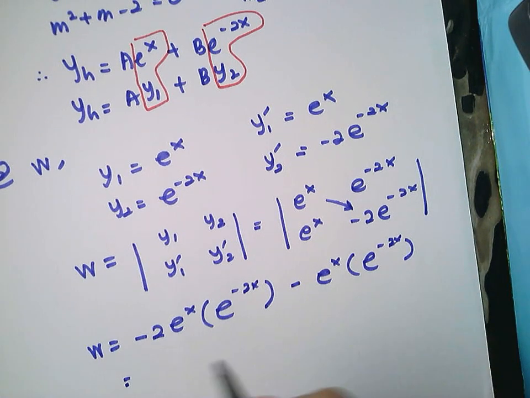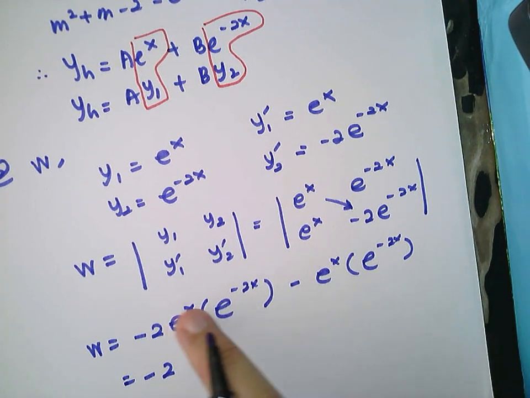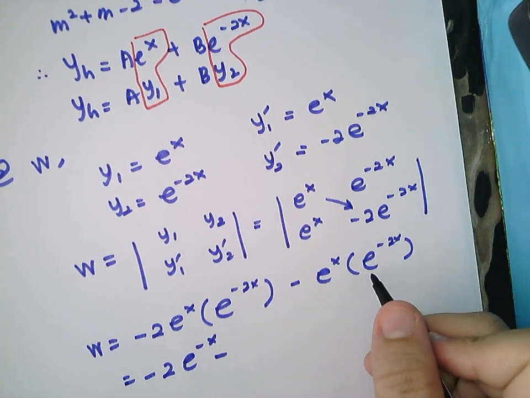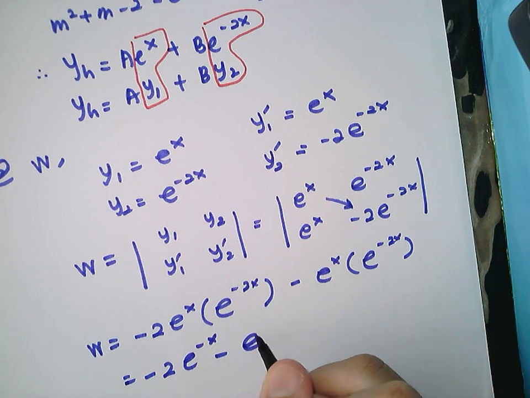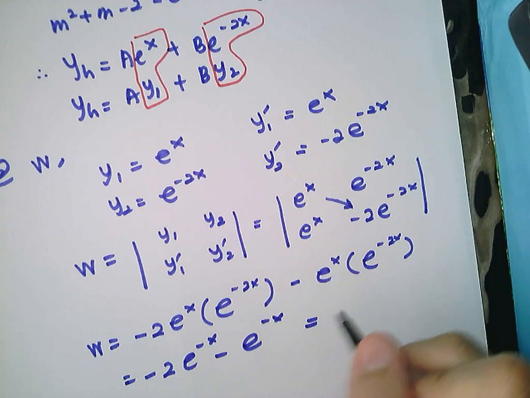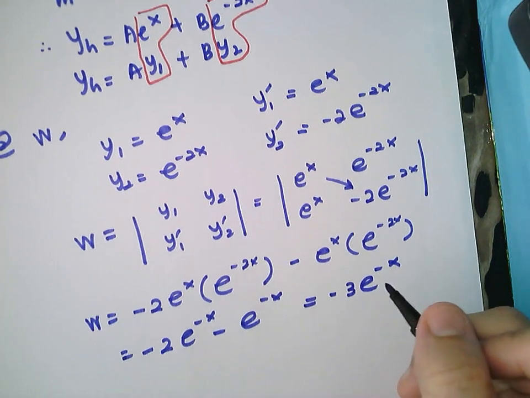Expand and simplify. Exponent times exponent, so you have to add the power. You will have negative 2e^(-x) minus e^(-x). Therefore your W equals negative 2 minus 1, which is negative 3e^(-x).